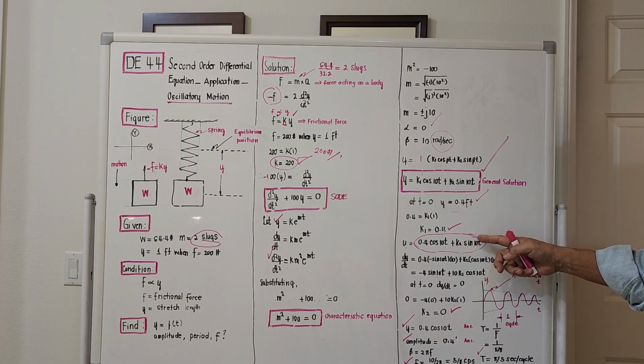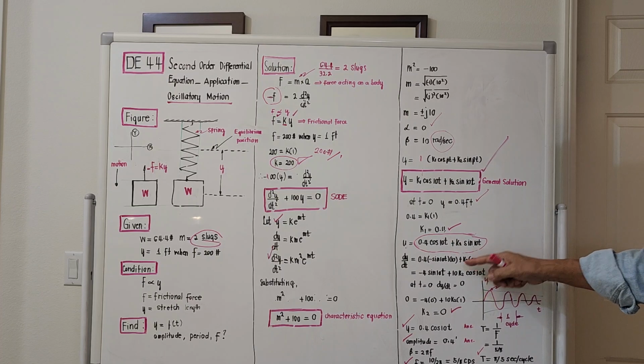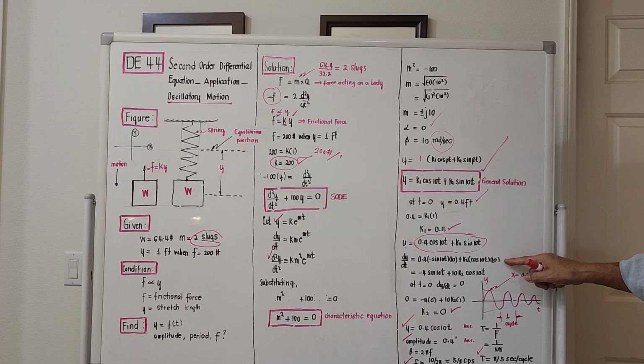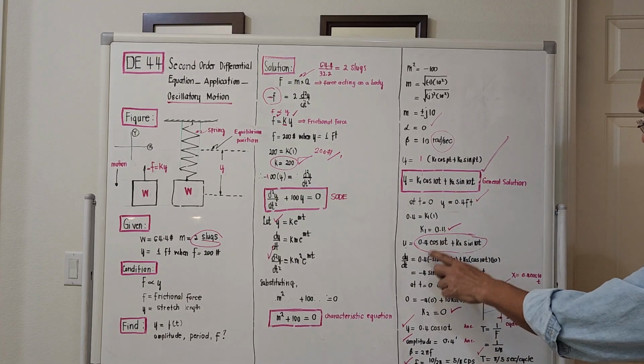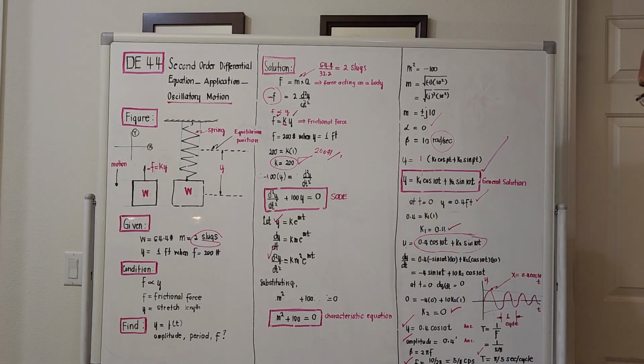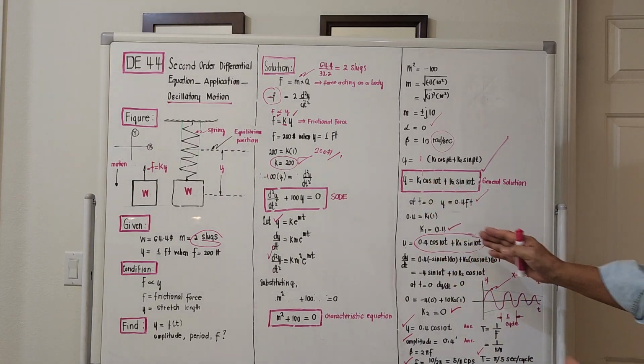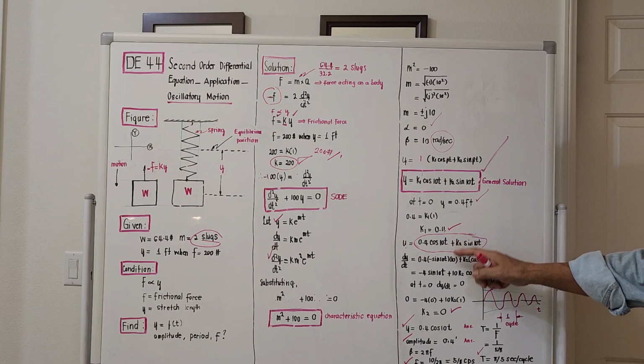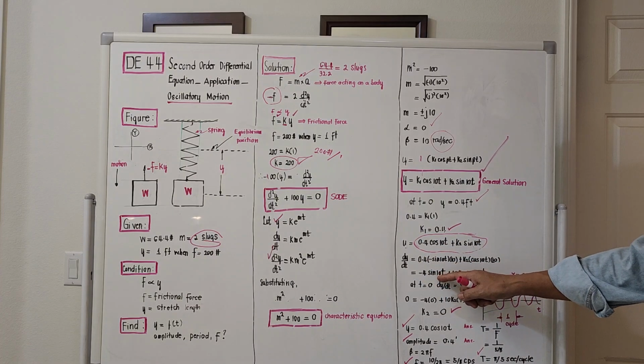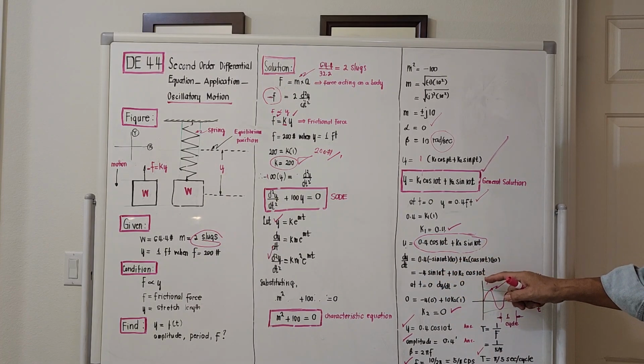The second part, k2, and the derivative of sine is cosine of 10t times 10. The first one is negative because the derivative of a cosine is negative. So dy/dt after the simplification will be 0.4 times 10, which is negative 4 sine of 10t, plus 10 k2 cosine of 10t.